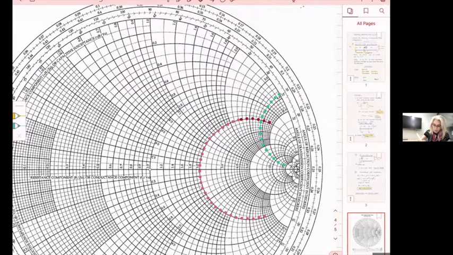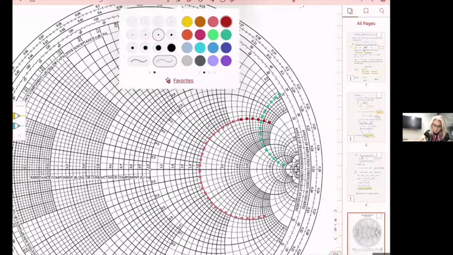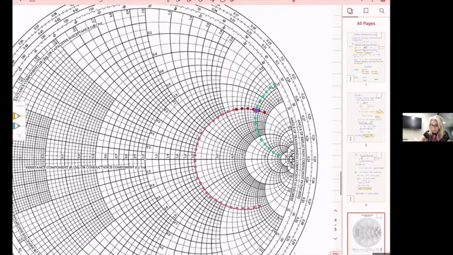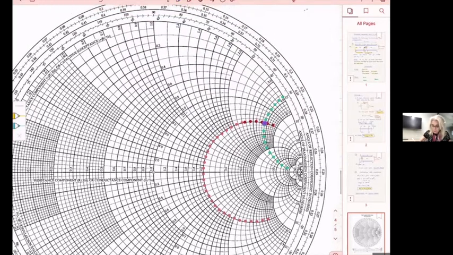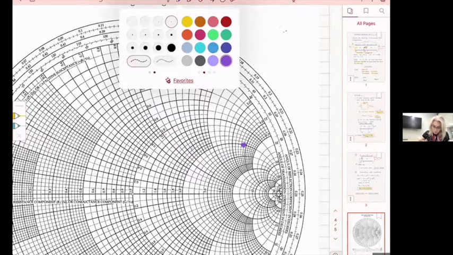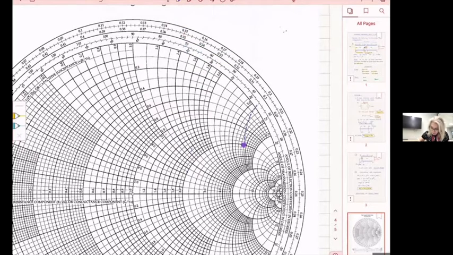Okay, so let me go back here. So that is the load, and I will remove the other two. Now that we found it, I don't need those. So that is ZL, here.